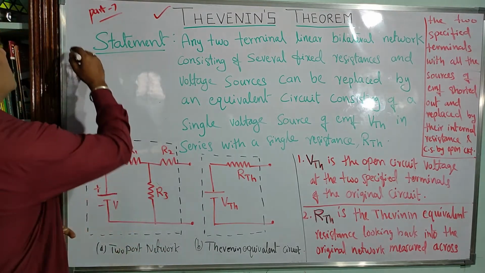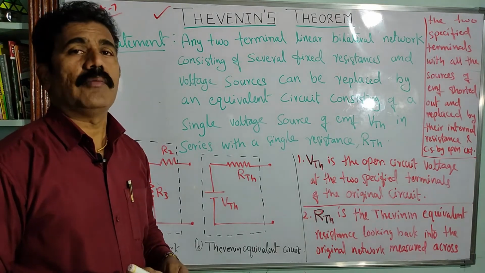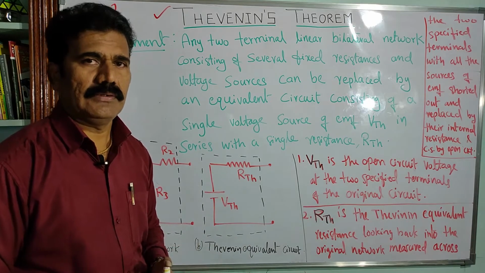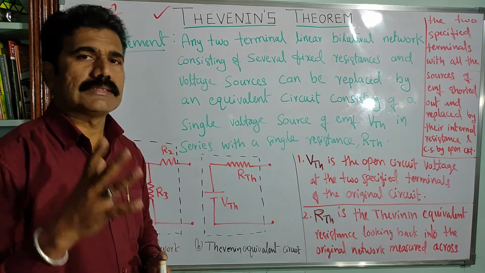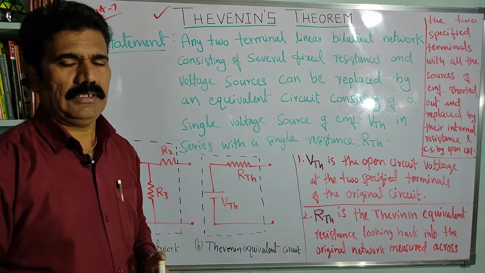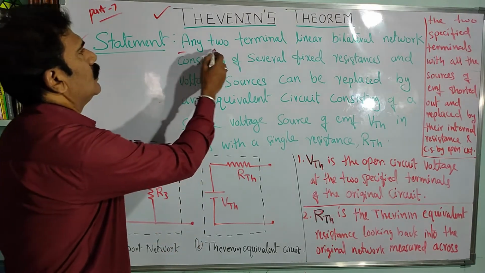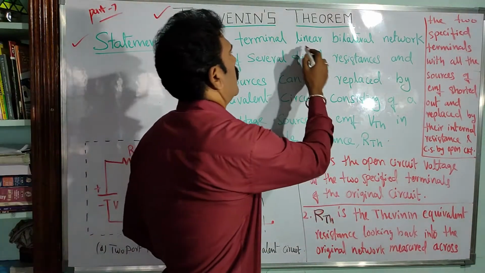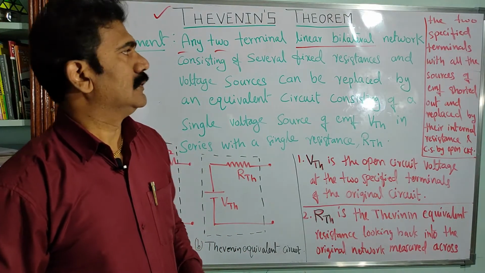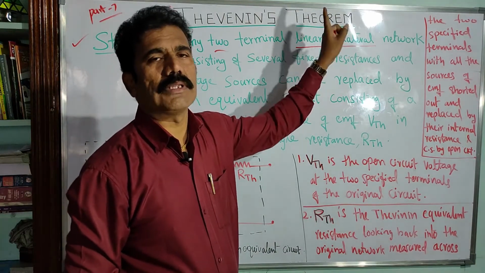What does the statement say? Thevenin simplified the complicated network consisting of various resistances in the circuit, showing how to get the same output of the complicated network by using a simple network. He stated that any two terminal linear bilateral network, I already told you what a linear network and a bilateral network are, so whether you consider a linear network or a bilateral network, it is applicable for both.